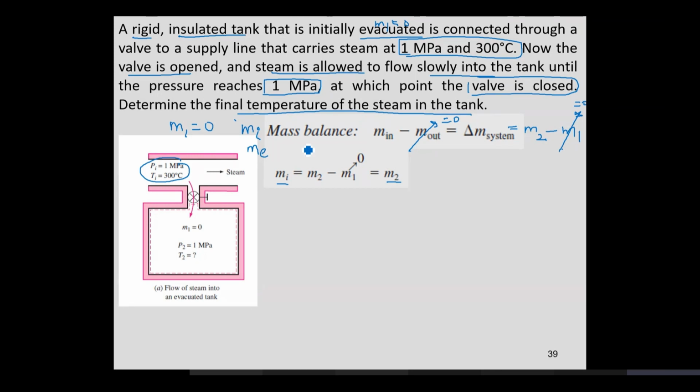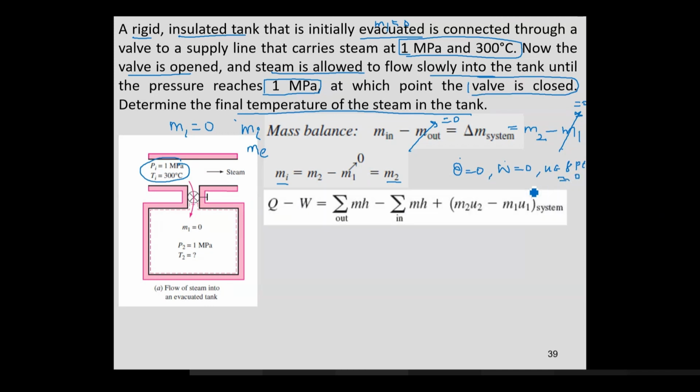And if you look at the energy balance equation, there is an insulated tank. Insulated tank means Q dot or Q is 0. There is no work associated with it, shaft, boundary, or electrical work, so W dot is equal to 0. Again, kinetic and potential energies are almost negligible. There is no mass flowing out of the system, so this term is 0.